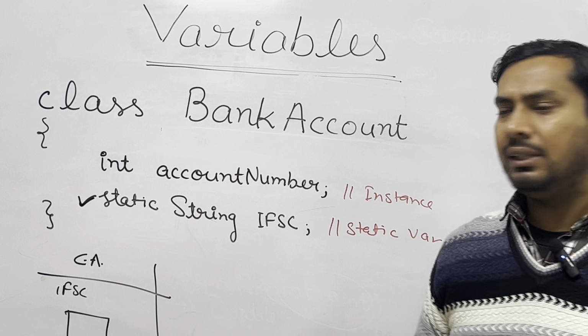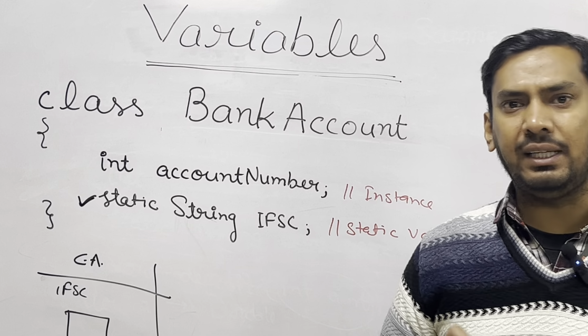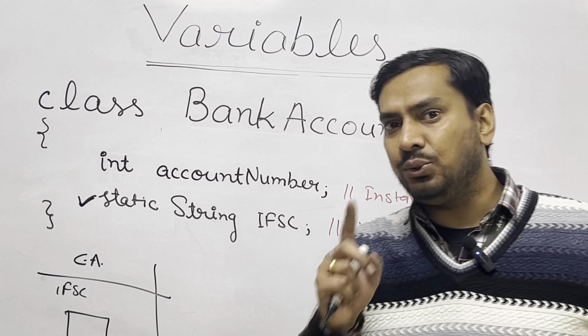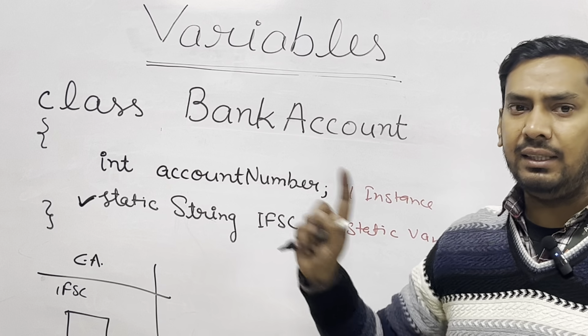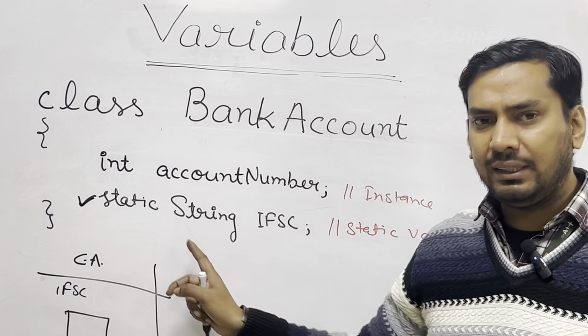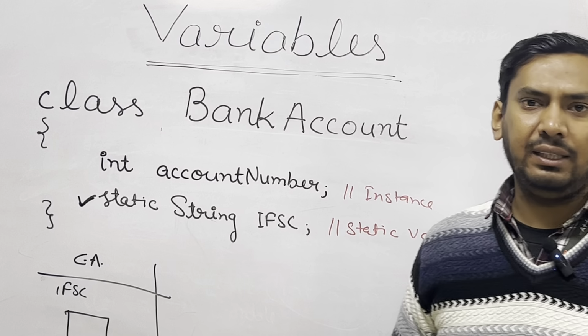Then the second step is it will check whether we have any static block or not. There is a static block in your class that you can define. A static block is used to initialize the static data members. If you have any static block, it will run the static block and initialize the static variables.